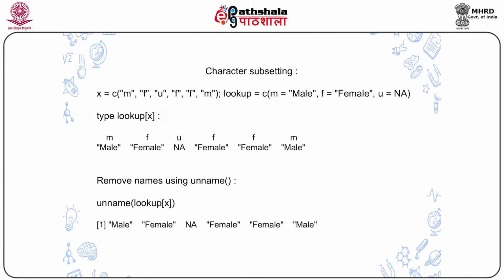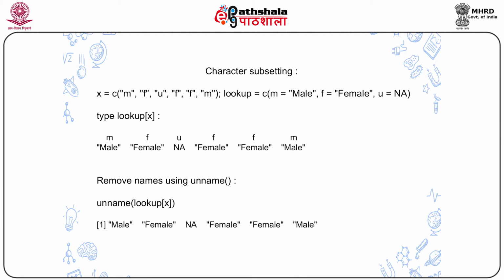Here we are starting with the idea of lookup tables. Character matching provides a powerful way to make lookup tables. Suppose our x contains these characters and lookup is like m equals male, f equals female, and u equals NA. So our x and lookup are like this.